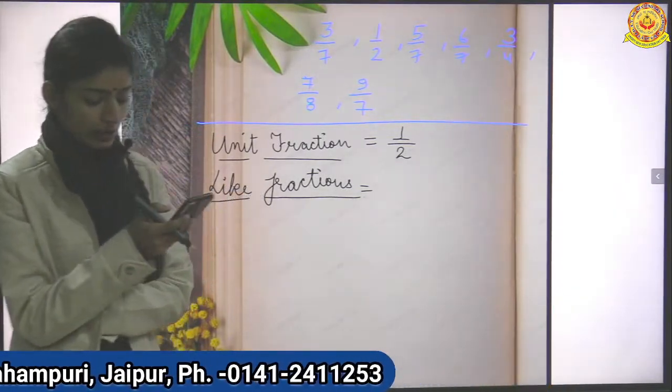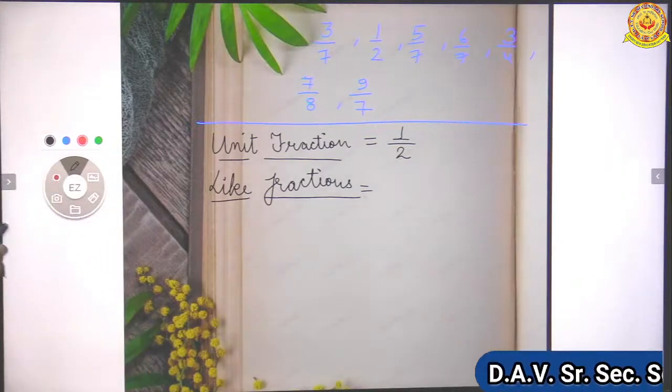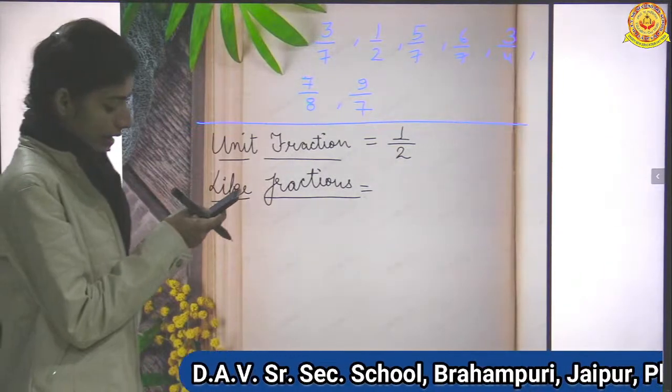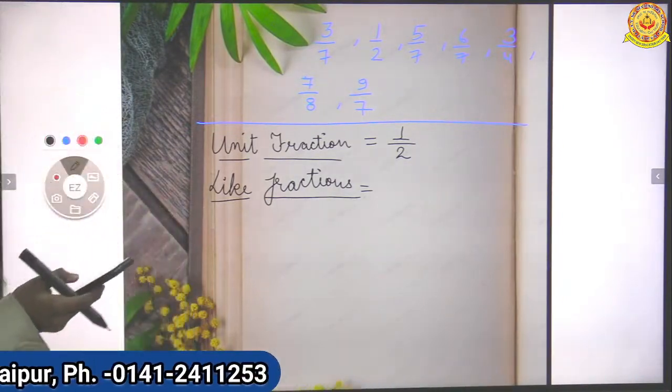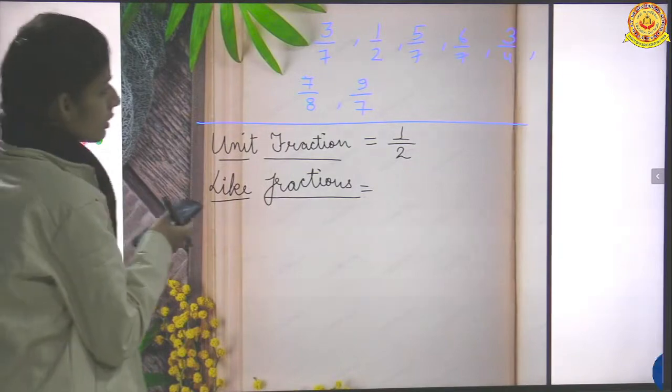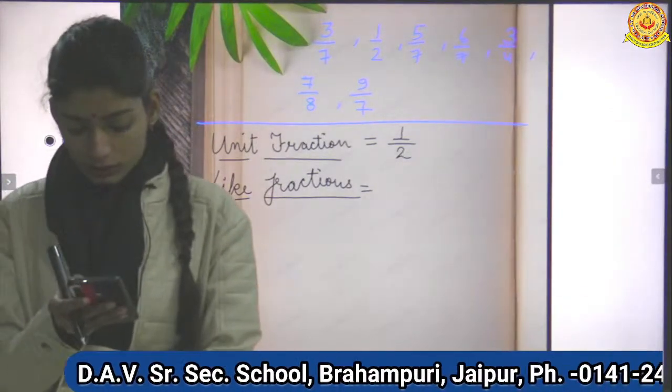I think it is clear to all of you what like fractions are. In like fractions, we have the same denominators. So in all these fractions, how many have the same denominators?